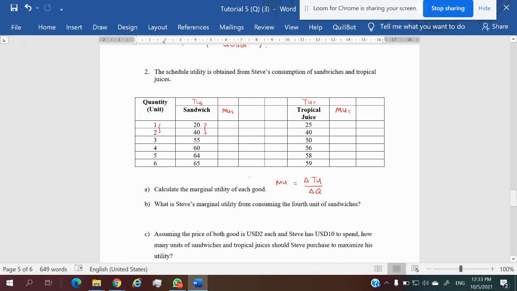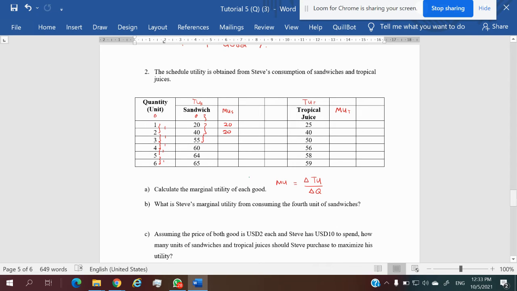If the quantity is zero, of course the total utility will be zero, so the first combination is 20. The change of the second one is 40 minus 20, and the quantity change is always 1, so 40 minus 20 is also 20.